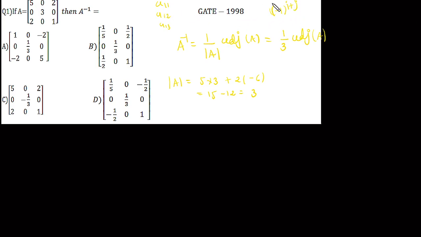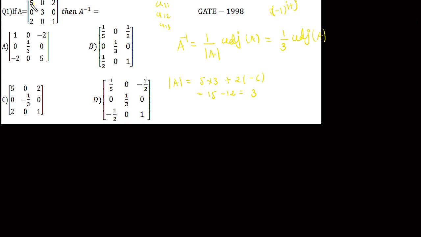The last step is to take the transpose. The first row will become the first column, and the first column will become the first row of the adjoint matrix. So the element a11 remains at the same place, because if you flip this row into the first column, this element remains as it is.